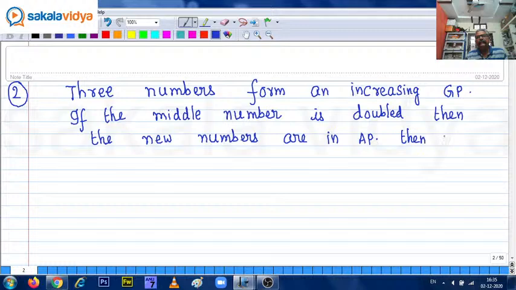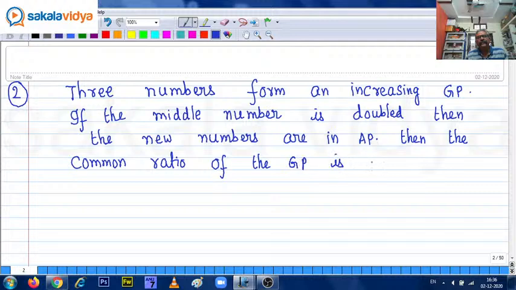Then the common ratio of the GP is, we need to find out.